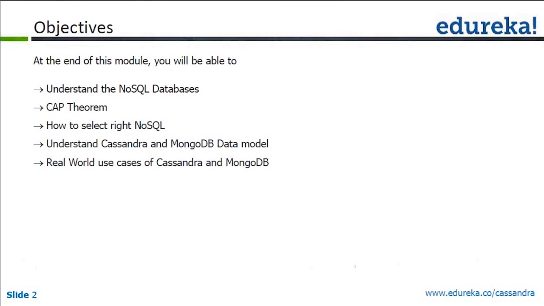So we'll have an introduction to the data modeling concepts, and then some real world use cases of both these technologies: which companies are making use of them, what their use cases are, how they are making use of these technologies, and how they are scaling up. Those are some of the things that we'll see.